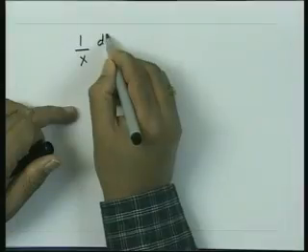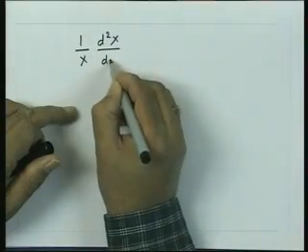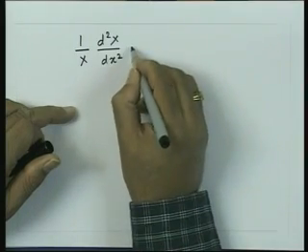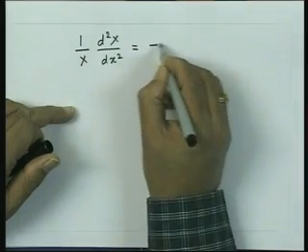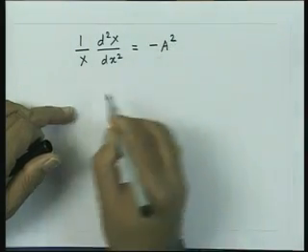So, what we do is we just take each of these terms and equate them to some constant, and the equation essentially reduces to 3 equations. That is 1 upon X, d2X upon dx square is equal to some constant, and let me just put the constant as minus a square.